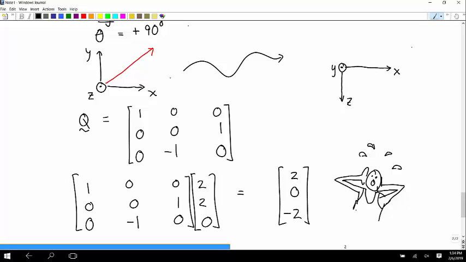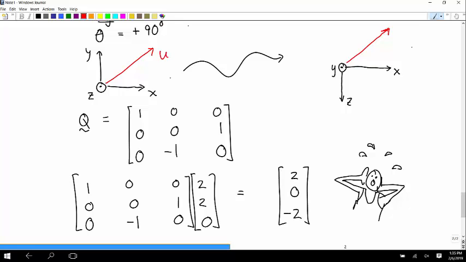Yes. I just made it up. That's what I said, I just picked an easy vector to work with. But so the question now is, what are the components of that vector there?